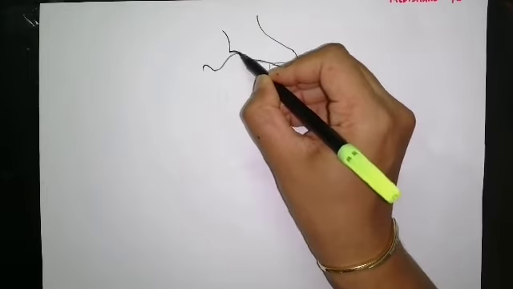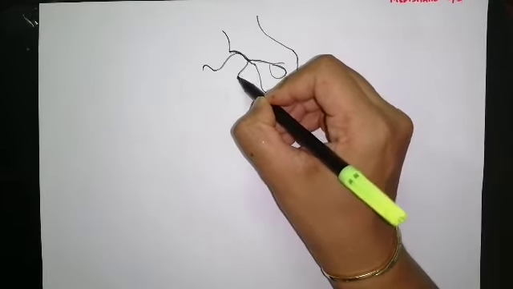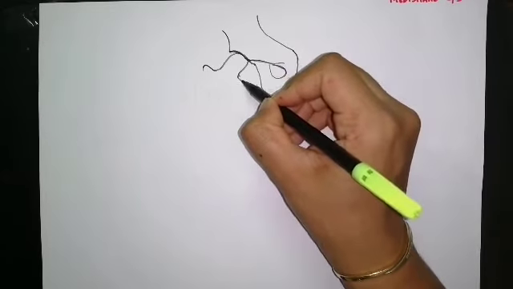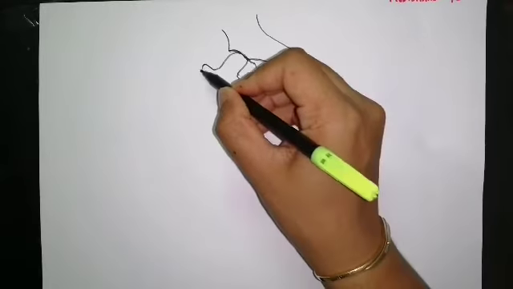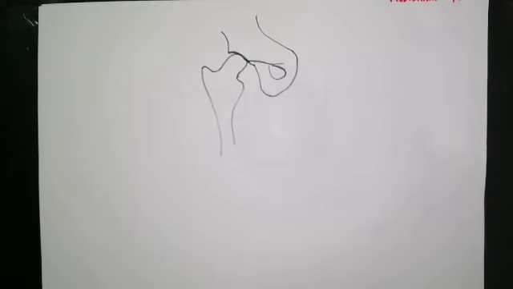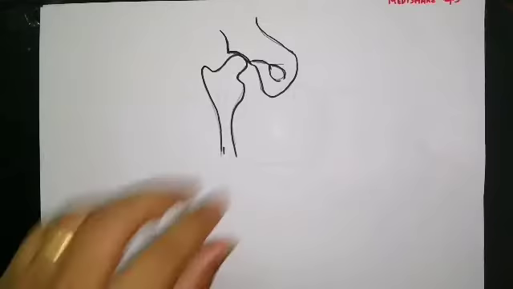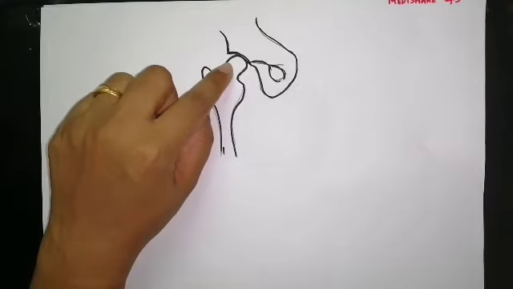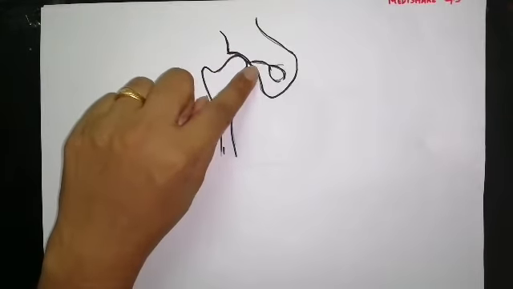This is the head of the femur. This is the greater trochanter, this is the lesser trochanter. So if the femur is like this, this is the head of the femur, this is the acetabulum of the hip bone.